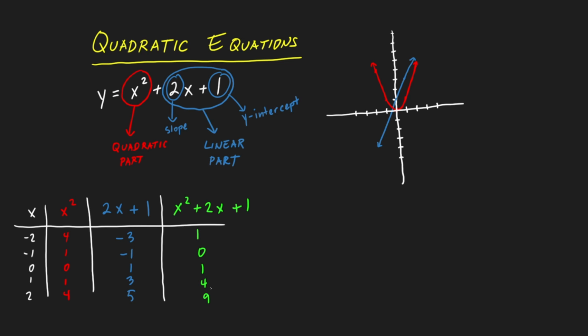Okay, so here I'm going to graph from the right now. So at 2, this is going to be equal to 9. So it's right around here. Let me check. 1, 2, 3, 4, 5, 6, 7, 8. So at 1, it's equal to 4. So it's right around here. At 0, it's equal to 1. And at negative 1, it's equal to 0. And here, at negative 2, it's equal to 1 again.